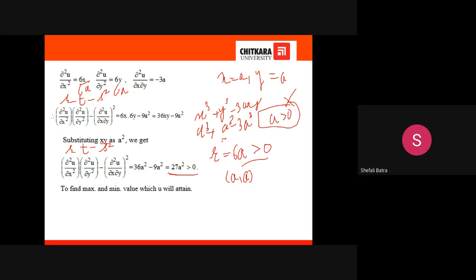So answer would be minus of a cube, right? Not minus 2a cube, it would be a cube. So minimum value would be minus a cube. Is it right? Is it clear? Yes, ma'am.